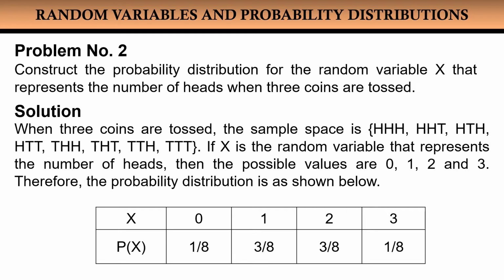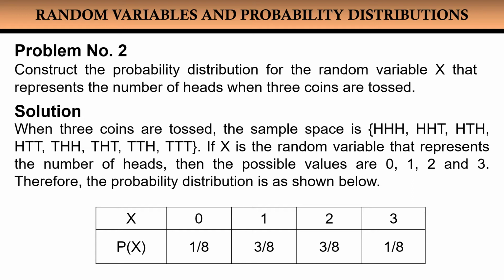Paano nakuha yun? You can use tree diagram. So look at the previous lesson natin about probability. So using tree diagram, mahanap natin yung possible outcomes when 3 coins are tossed. Sabi sa problem, yung x daw is a random variable that represents the number of heads. So by looking at the sample space, yung mga possible outcomes, there are 4 possible values of x, yung number of heads.